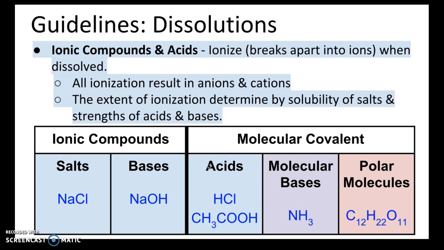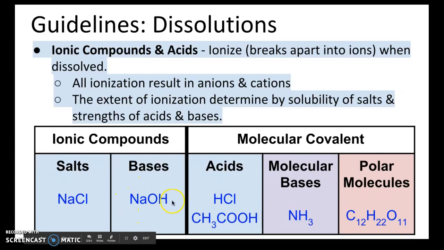What's going to happen is that they're going to ionize, meaning that they're going to break apart into ions when dissolved. And there are two types of ions that we get, anions and cations. So for salts, the cation will be the metal and the anion will be the nonmetal. When you have a base, it's going to be the metal and the hydroxide, which is a nonmetal.